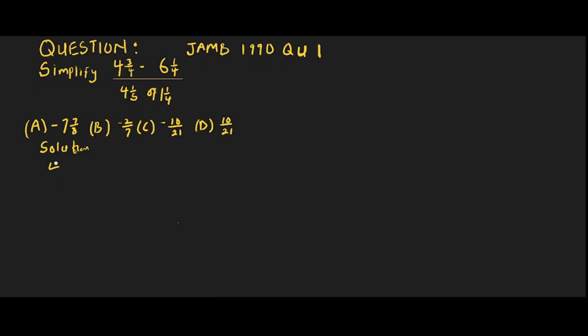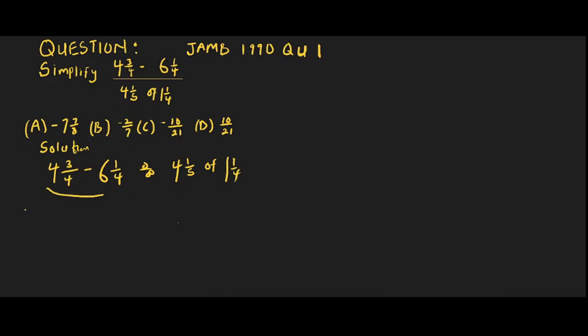We have 4 whole number 3 over 4 minus 6 whole number 1 over 4. Now, divided, this is the division line, same thing as divided. We have 4 whole number 1 over 5 of 1 whole number 1 over 4.